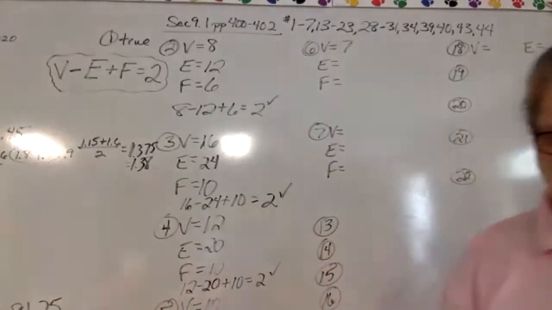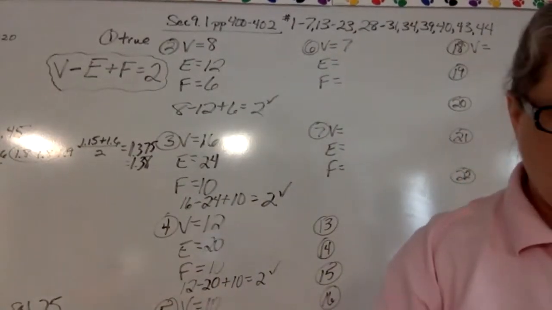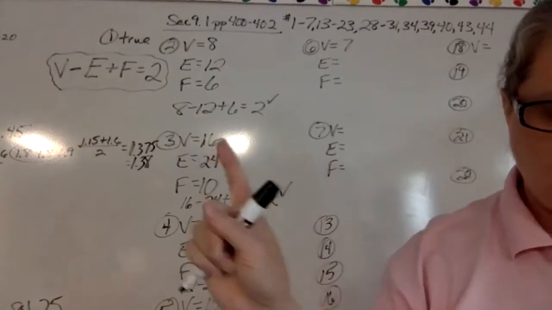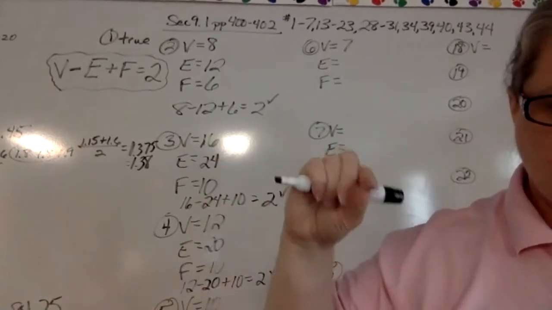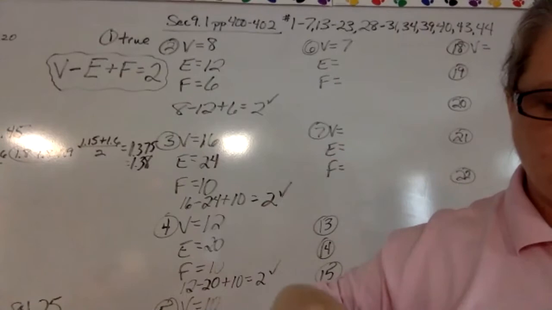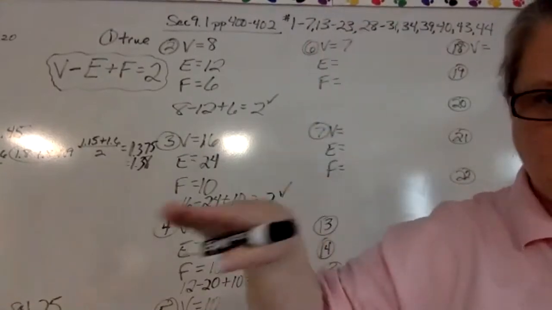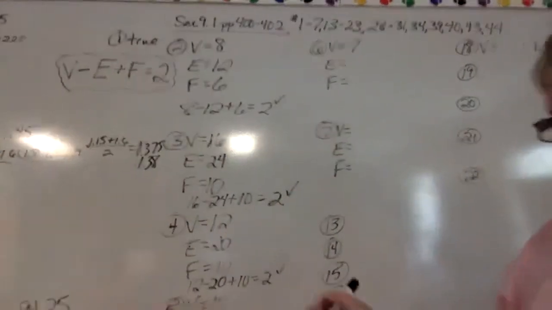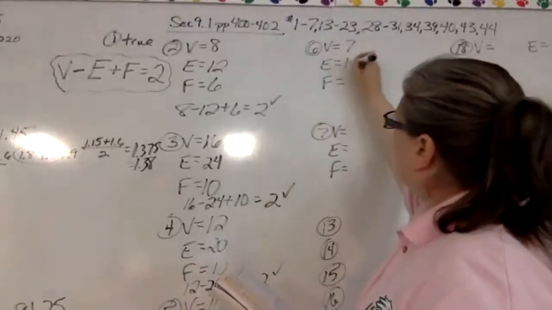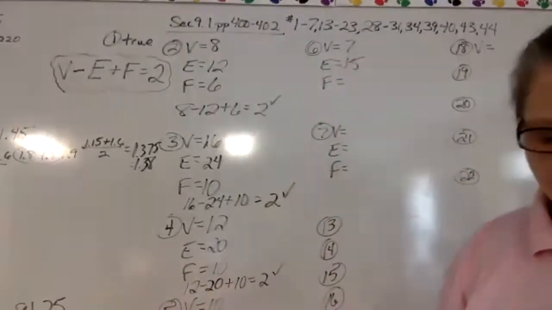Then for the edges, you've got the 5 that go around the pentagon. And then you've got the 5 connecting the pentagon in the middle to the top. And the 5 connecting the pentagon in the middle to the bottom, for a total of 15.